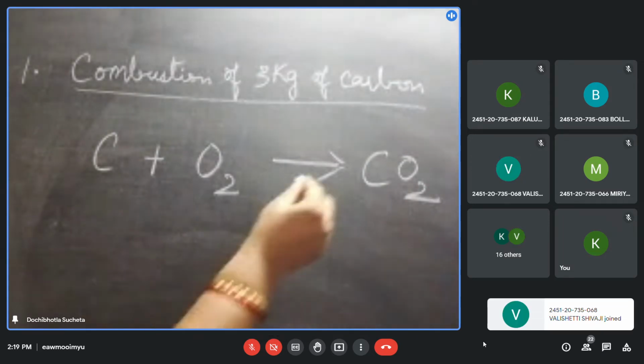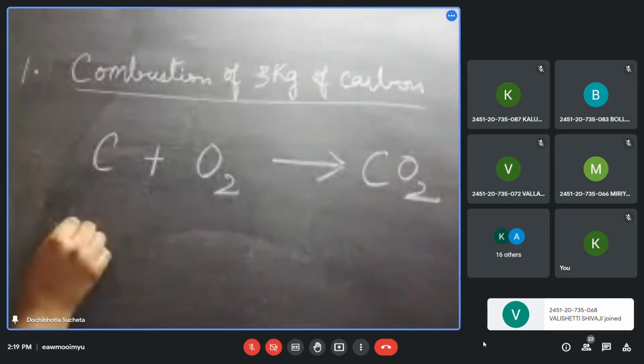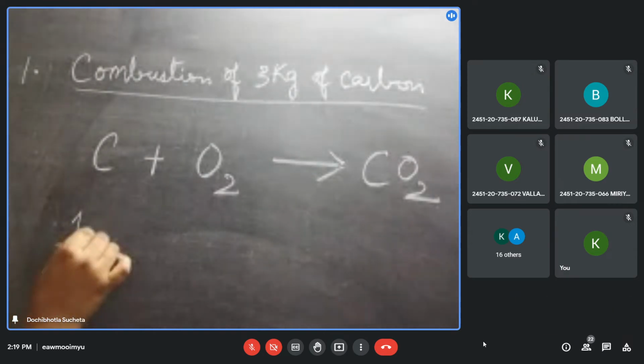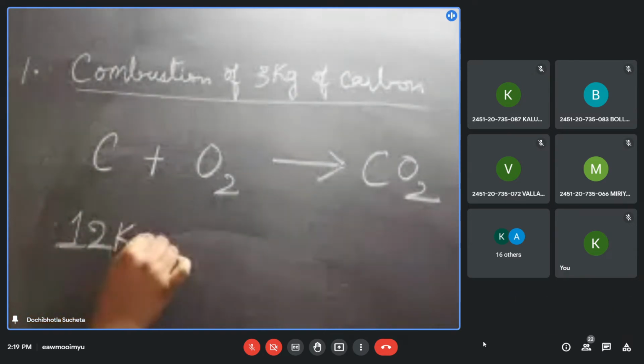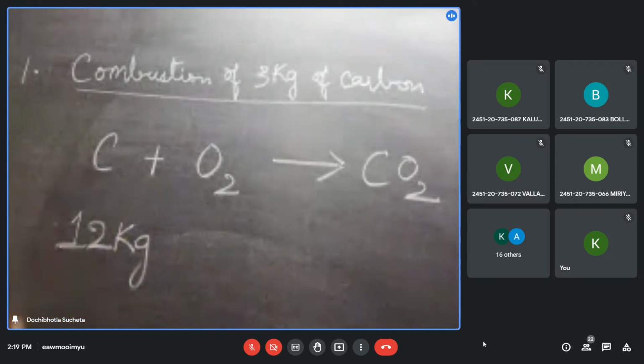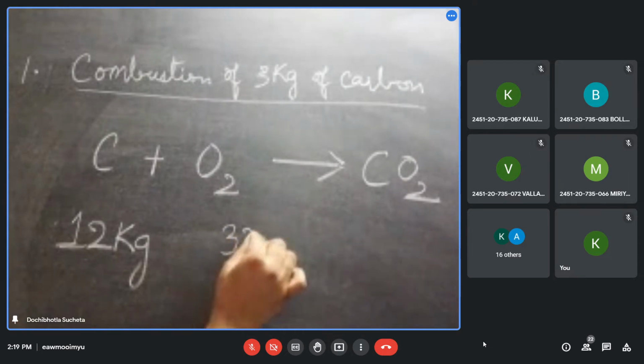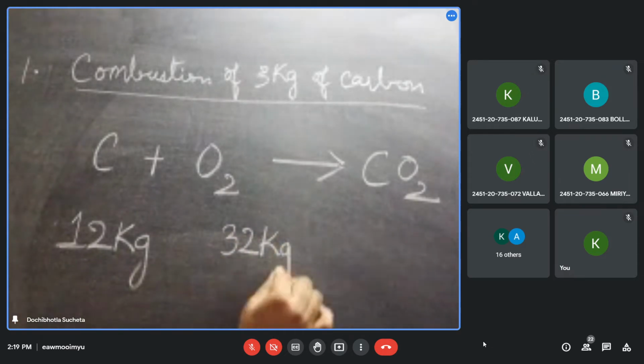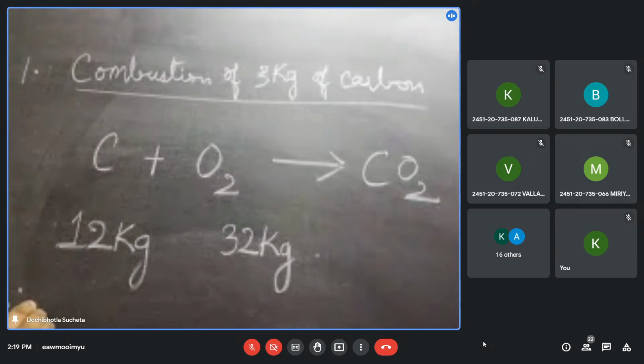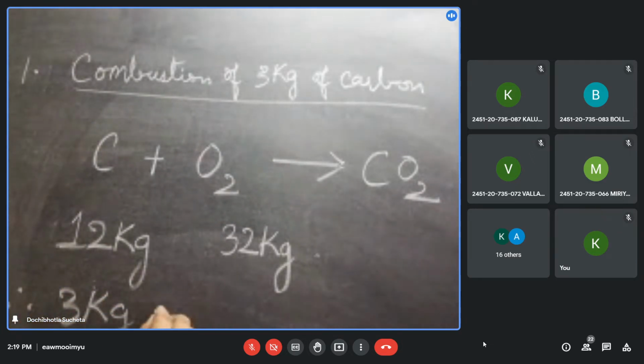Carbon reacts with oxygen to form carbon dioxide. The equation is balanced. So 12 kgs of carbon, the weight of carbon is 12 grams or 12 kgs, requires 32 kgs of oxygen. Therefore, 3 kgs of carbon requires how much amount of oxygen? 3 into 32 divided by 12.